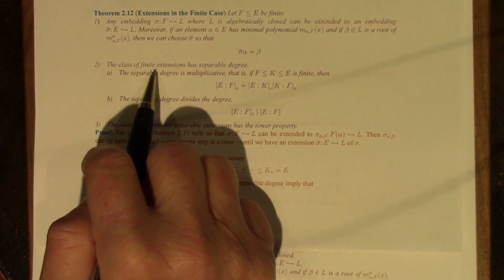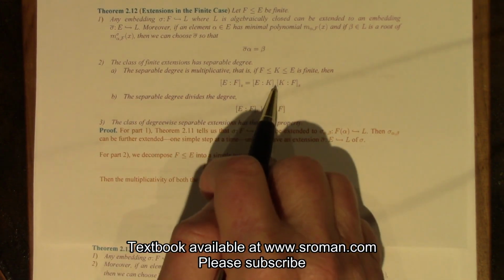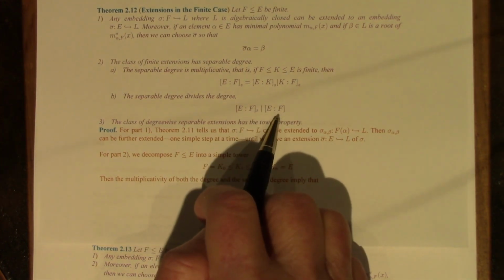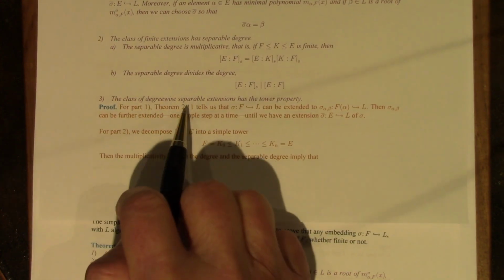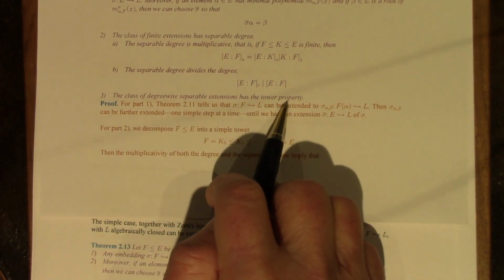The class of finite extensions has separable degree, it's multiplicative, and the separable degree divides the full degree. And finally, the class of degree-wise separable extensions has the tower property.